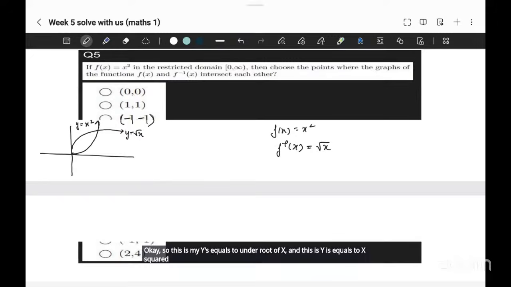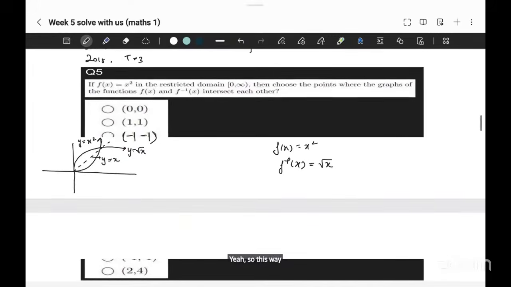So if you see, my intersection is actually this point. And this is a straight line, which is the equation of y equals x. Got it. Thank you. So this way you can make it.